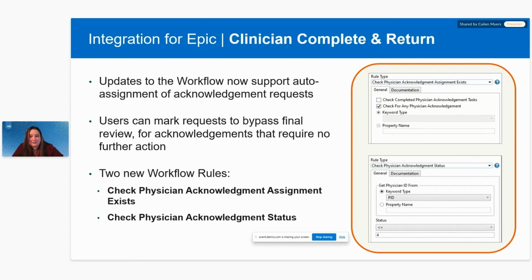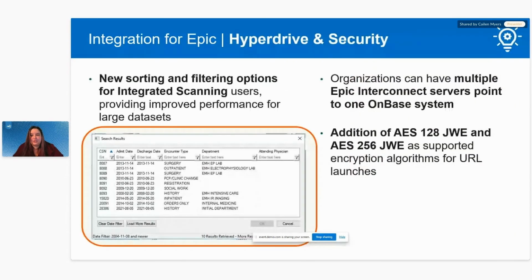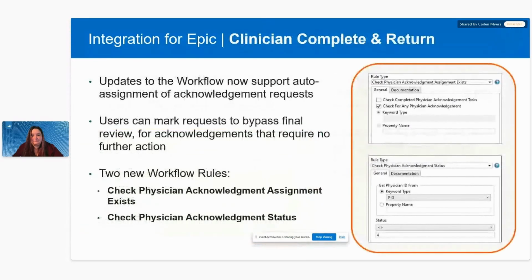Users can mark requests to bypass final review, and additionally, two new workflow rules have been added. One of them is to check physician acknowledgement exists, and the other one is check physician acknowledgement status.